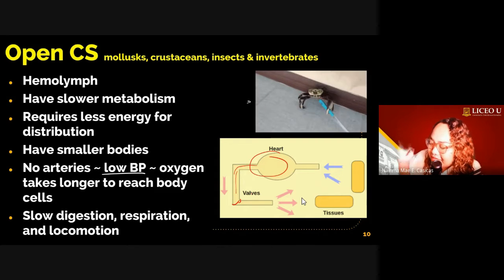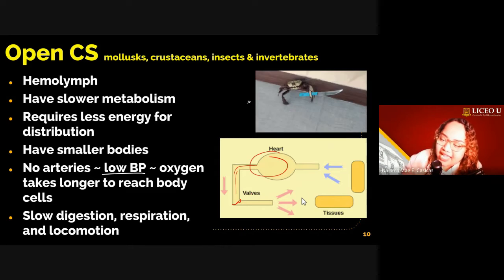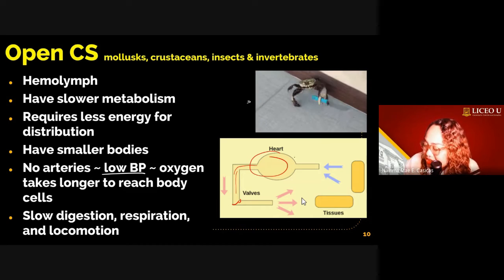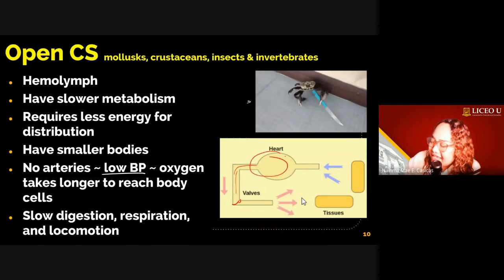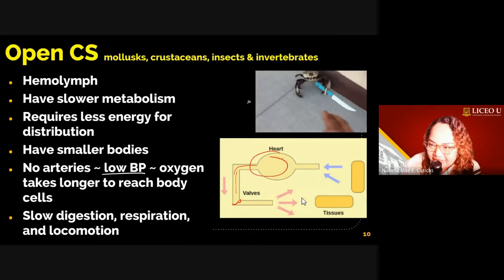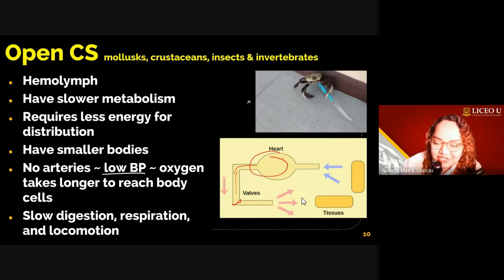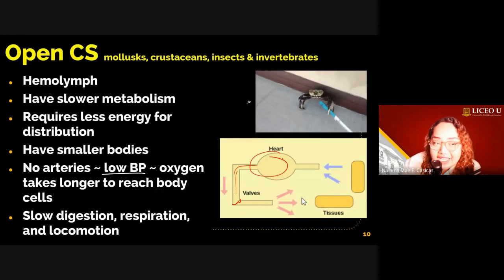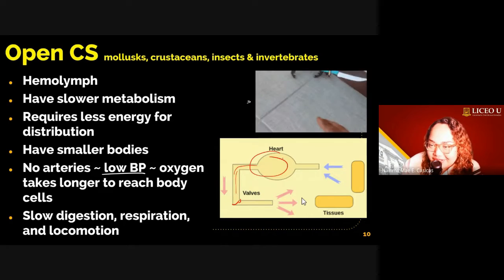Sorry, not blood, but hemolymph, and then it goes into the tissues, and then back to the heart and then the lungs. It's very centralized and not very efficient. So that is your open circulatory system.